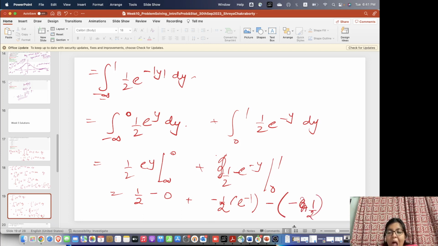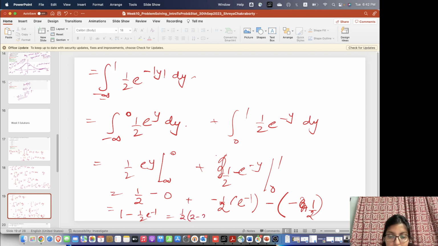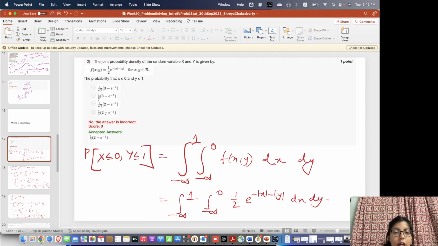Okay, so here we would have half plus half equal to 1, 1 minus half e inverse. So it would be half, if we take half common, 2 minus e inverse. This is the answer, half into 2 minus e inverse. Okay, option D.